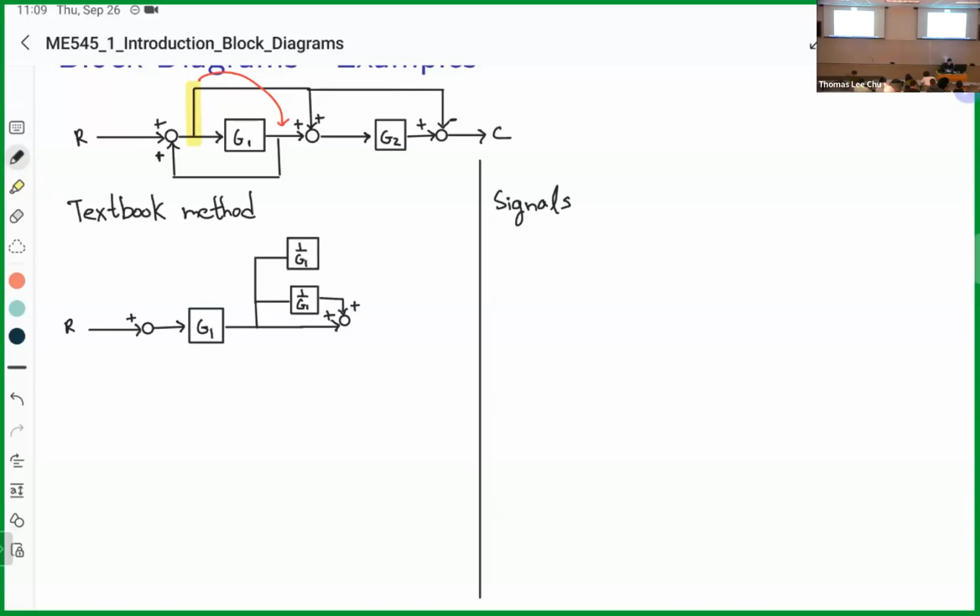So there's a reason why I'm drawing it like this. Oh, and then there's the feedback now.